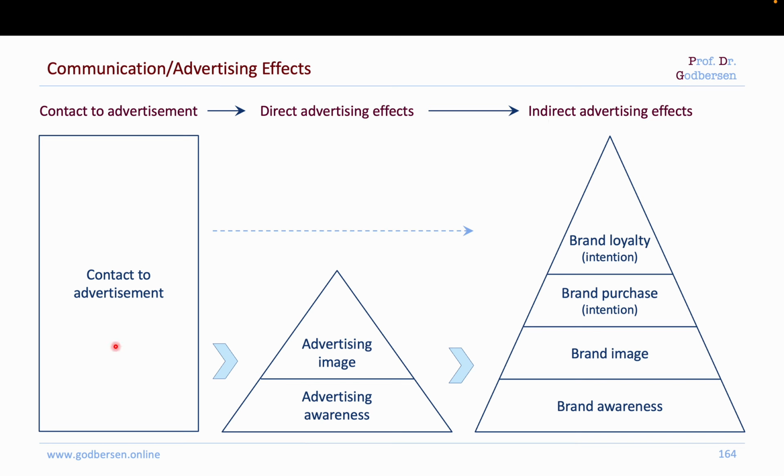So we make contact, our target group perceives the advertisement, and that should lead to advertising awareness and advertising image. In other words, the target group can remember the advertisement and likes the advertisement. This should then eventually lead to an improved brand awareness, image, purchase, and loyalty.